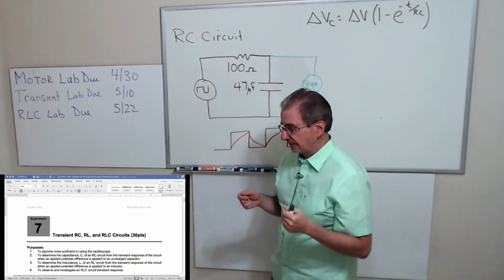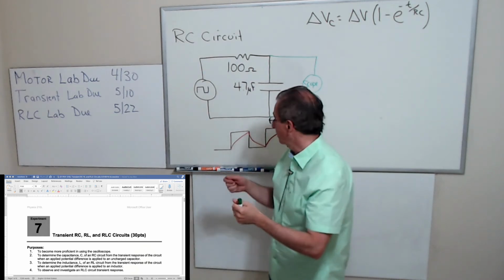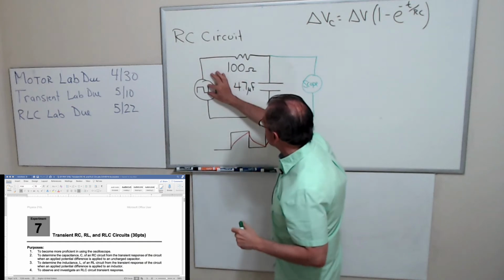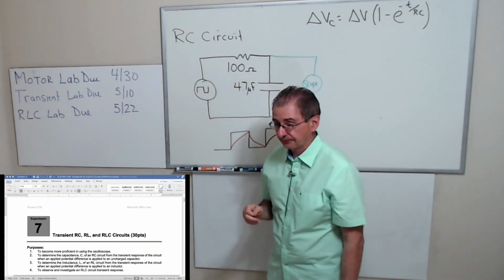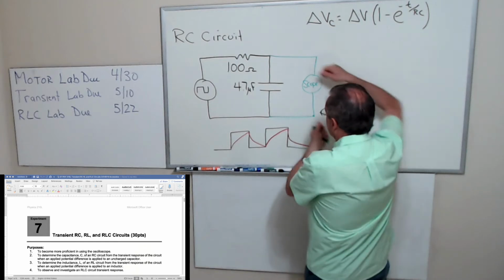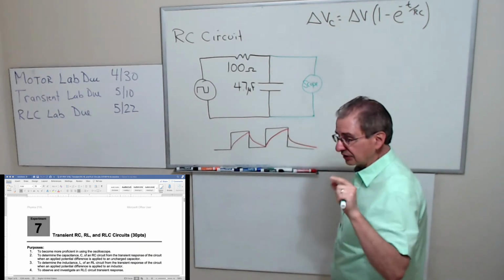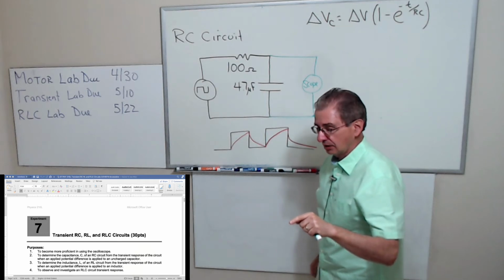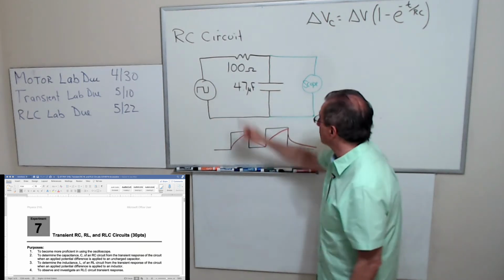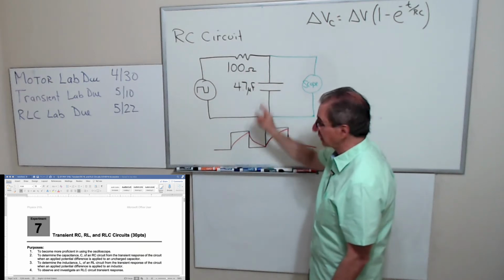To do this, you're going to actually look at the voltage across the signal generator, make sure that this amplitude is 1 volt, then remove it from the signal generator, and then put it across the capacitor. Make sure that one end of your capacitor is tied to the ground. In other words, you want the capacitor to be second in your circuit, not the first one, but the second one.